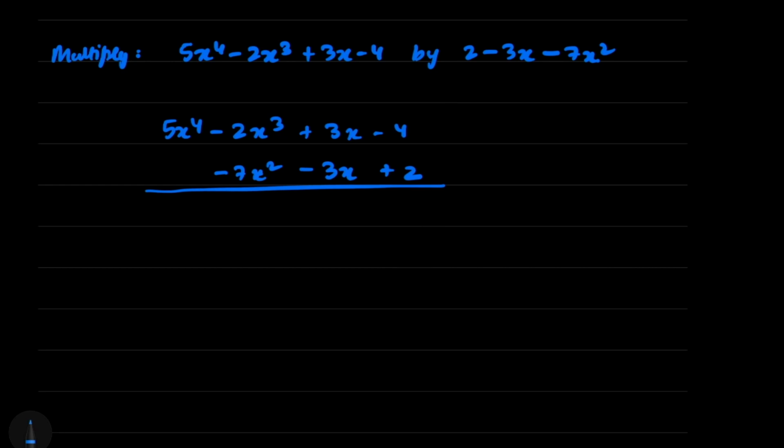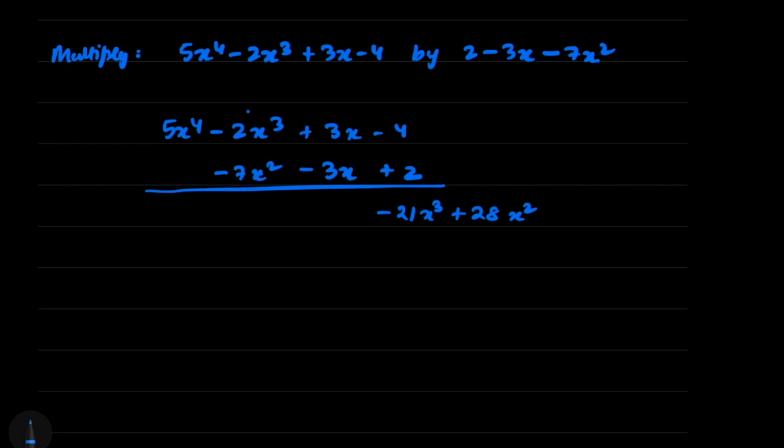We'll start with minus 7x squared, and then we'll multiply it with each and every part of the first algebraic expression. So minus 7x squared into minus 4 becomes 28x squared. Minus 7x squared into plus 3x would become minus 21x cubed.